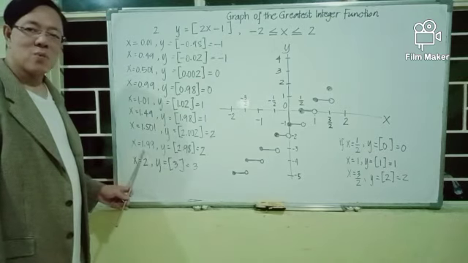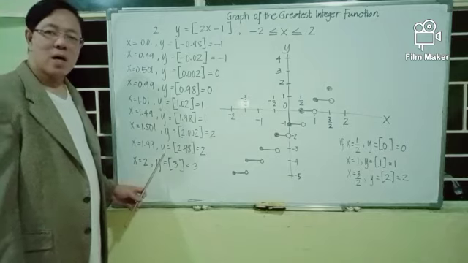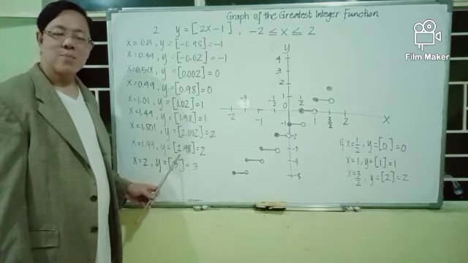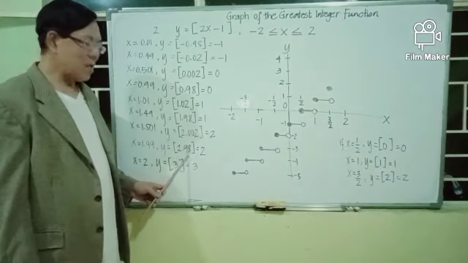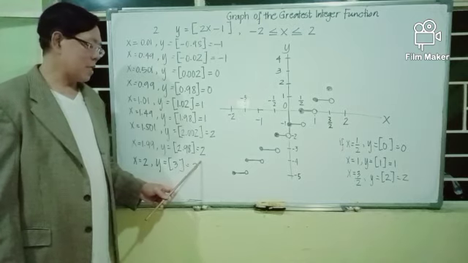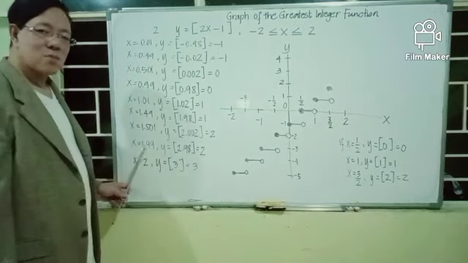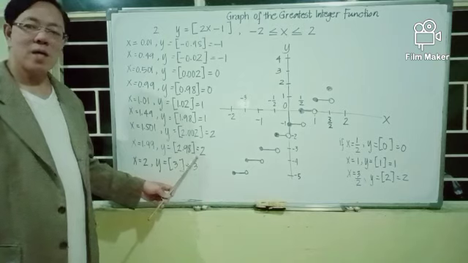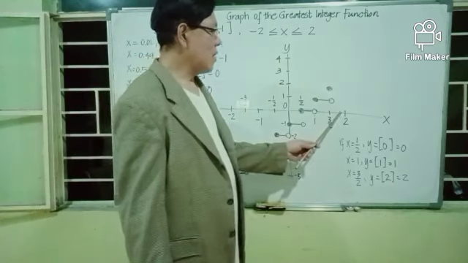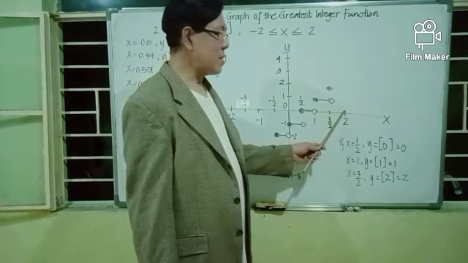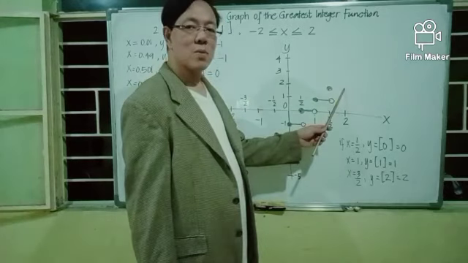Hence, when x equals 1.99, the value of y is the greatest integer less than 2.98, and that greatest integer is 2. When x is 1.99, the value of y is 2. In the graph, when x is 1.99, the value of y is 2.